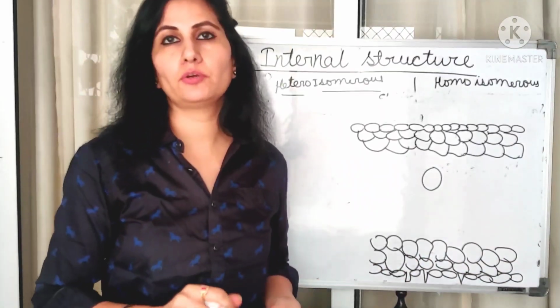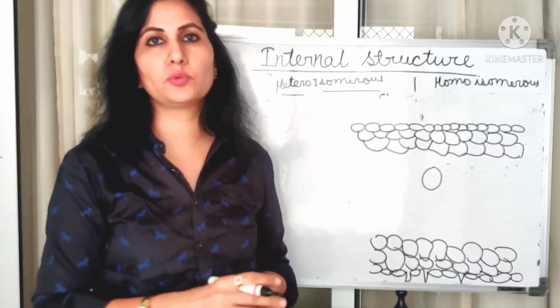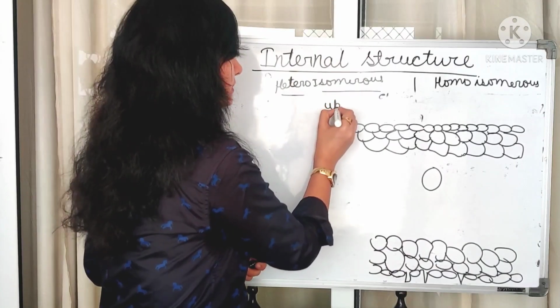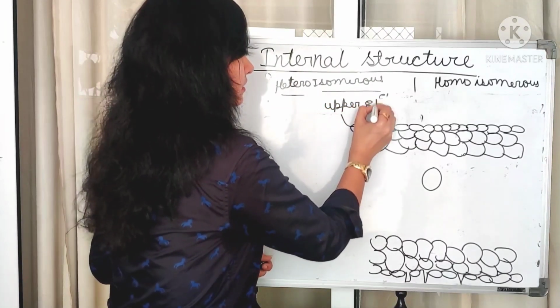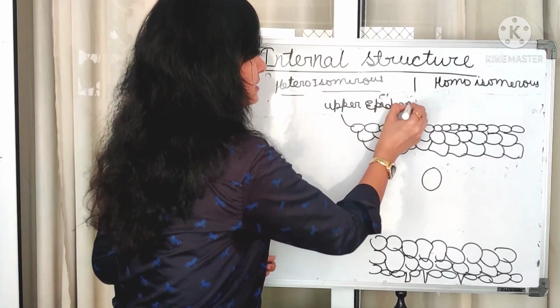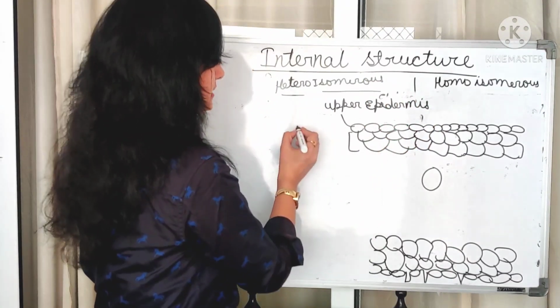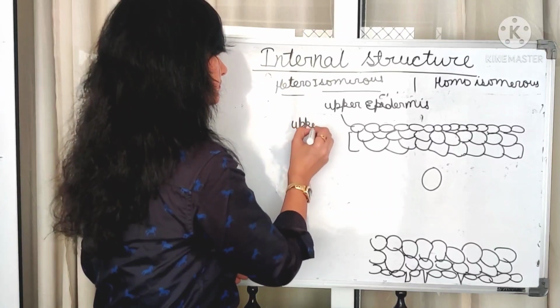Now we will talk about the internal structure of homoisomerous lichen. In homoisomerous lichen also there is upper epidermis. This is upper epidermis, and just beneath the upper epidermis, this is the upper cortex.